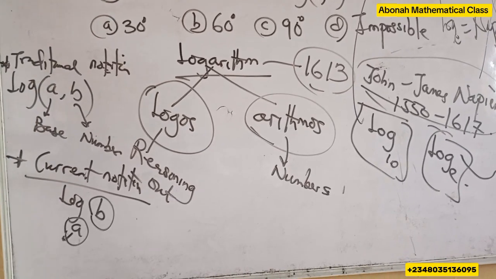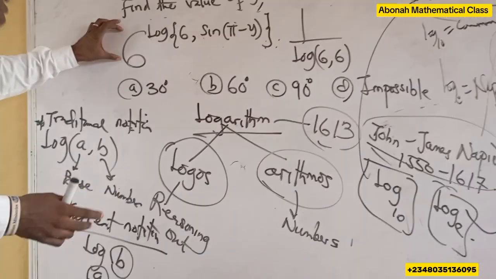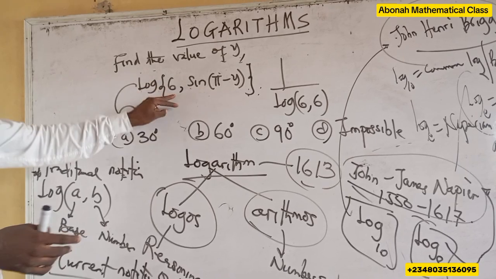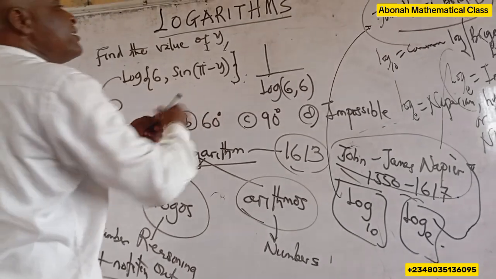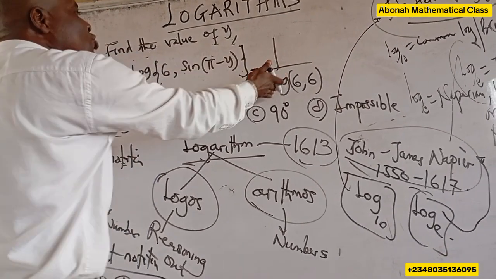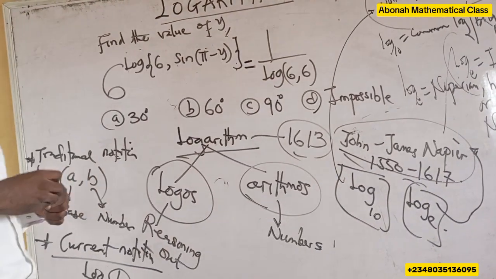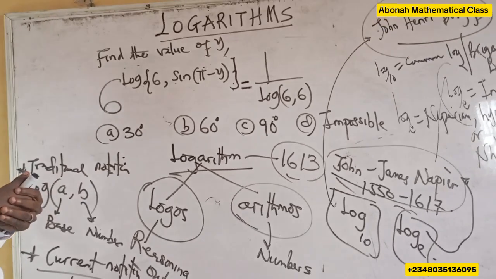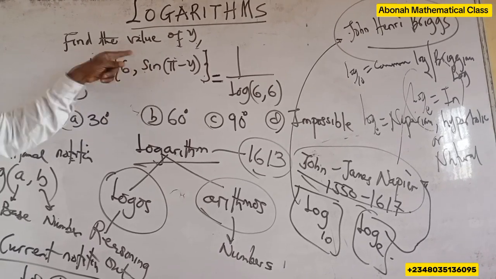Now, we can see this question on the board: 6 log 6 comma sine of pi minus y is equal to 1 over log 6 comma 6. Viewers at home, very funny question, because this is the way they want us to solve, and it is denoted in what?